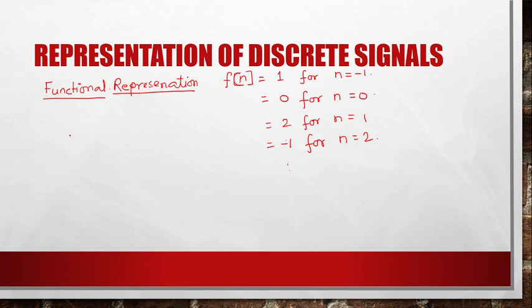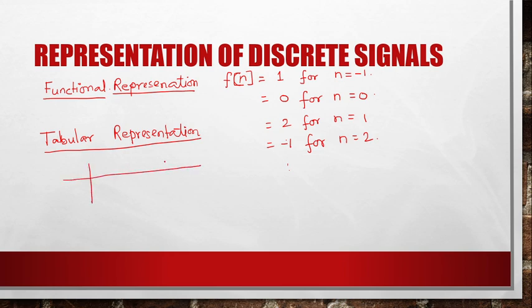Okay, now what is tabular representation? Tabular representation, you can understand, will be in the form of a table. So how will we give it? Suppose there will be n. What are the values of n? I am representing this one only.